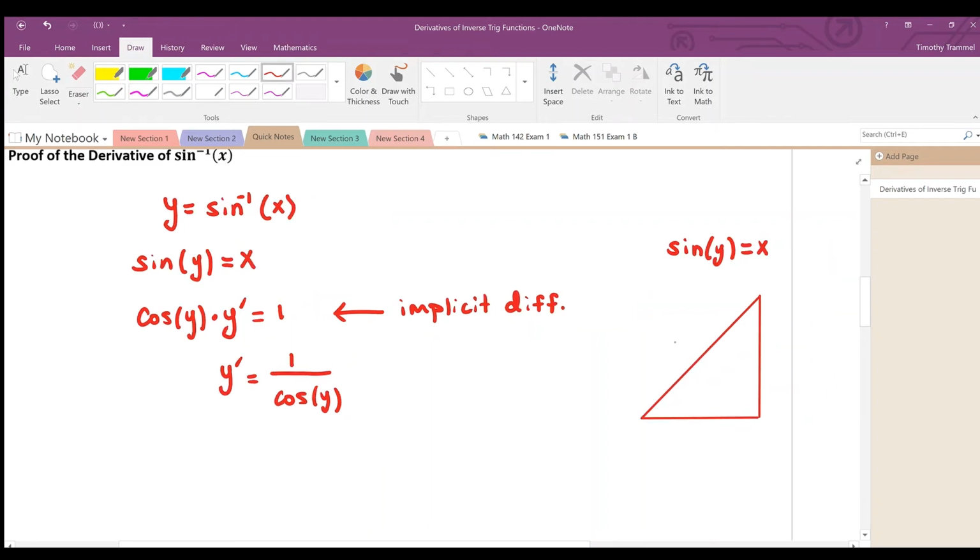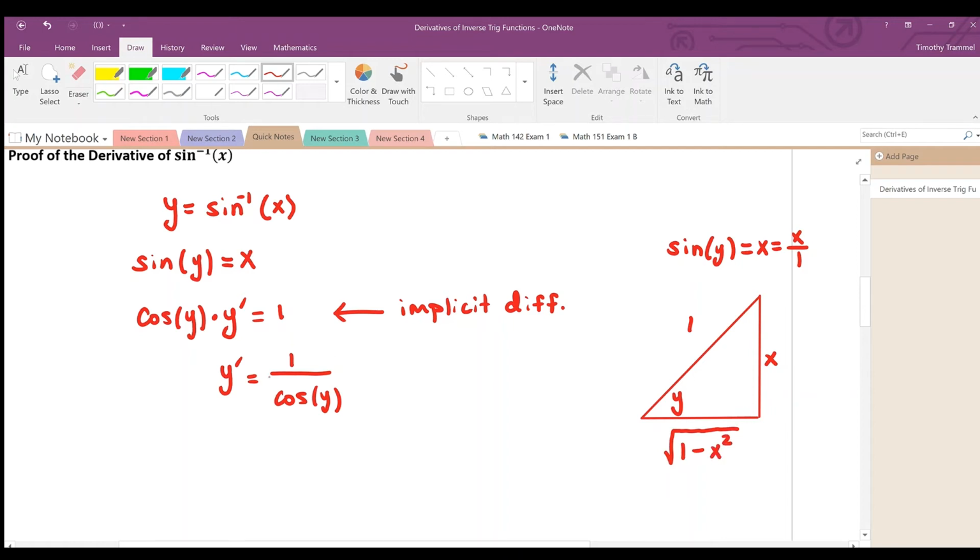Well, that tells me that if I'm thinking about this angle y, the opposite side, right, sine is opposite over hypotenuse, should be of length x, the hypotenuse should be of length 1, and if we use our Pythagorean theorem, this other side should be the square root of 1 minus x squared.